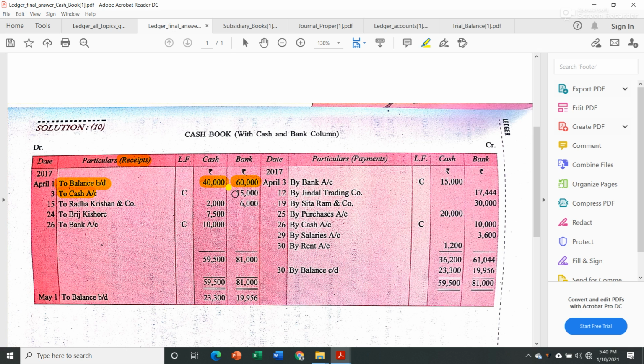So we will write in the bank column 15,000, and on the credit side we will write By Bank Account, and who is making the payment of 15,000? Cash. So in the cash column we will write 15,000. Since this is a contra entry, we will ignore the ledger account. We will not post in our ledger because the dual aspect of this transaction has been covered in the cash book itself, and we already know that contra entries are ignored while posting into the ledger.